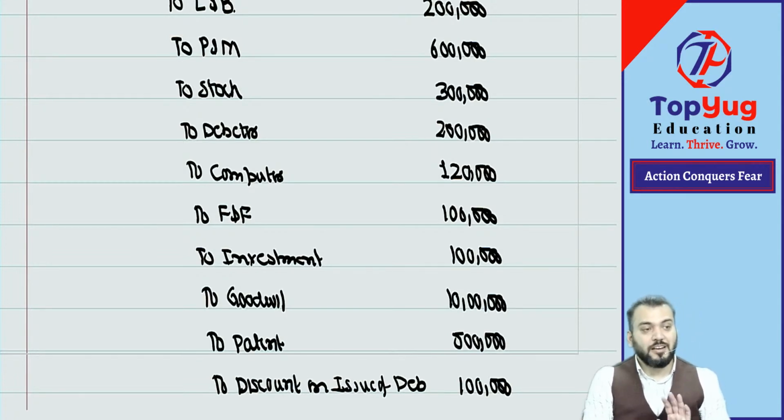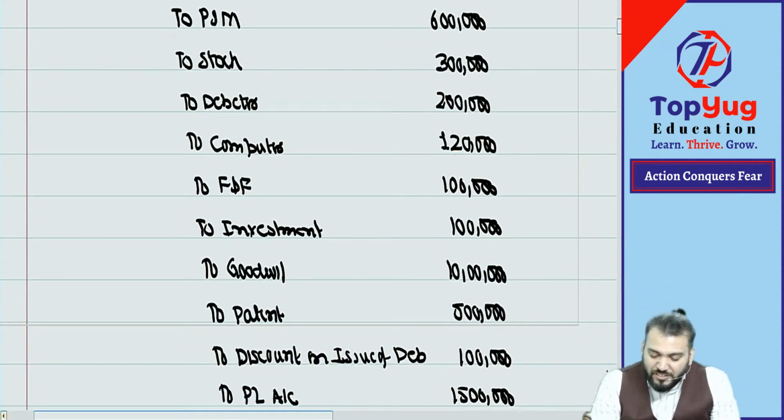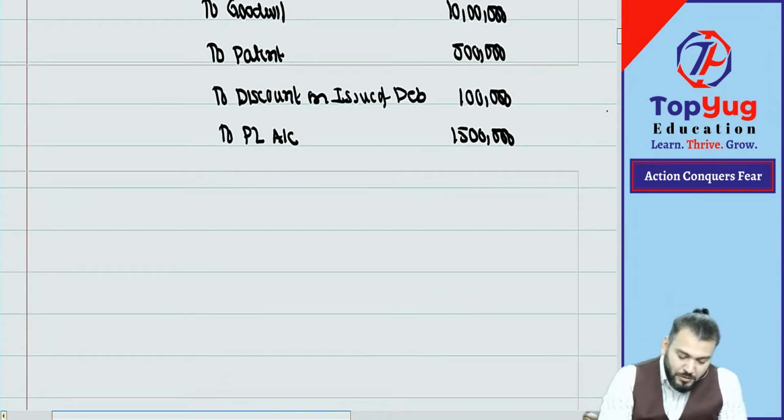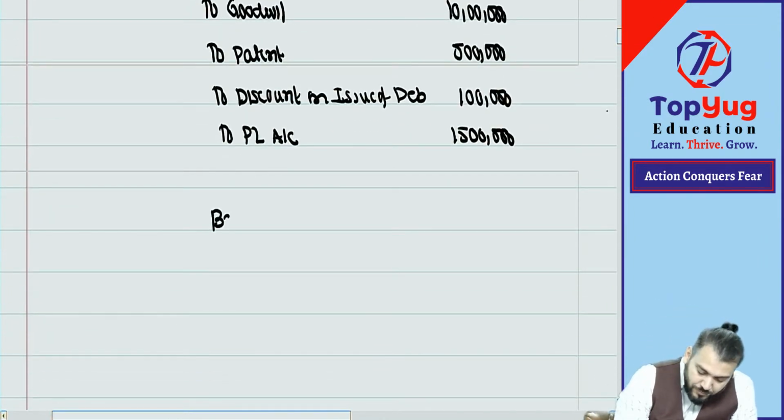Zero. If it is coming zero, then you should be happy, it means you have done it 100% correct. If a surplus amount is coming, it means there might be some mistake. But zero means perfectly correct. Understood? Yes, sir. Now they have also asked in this question to prepare the bank account. Can you prepare the bank account by your own? Help me.